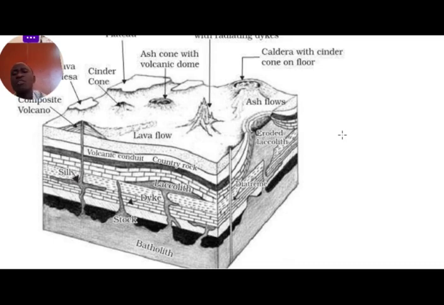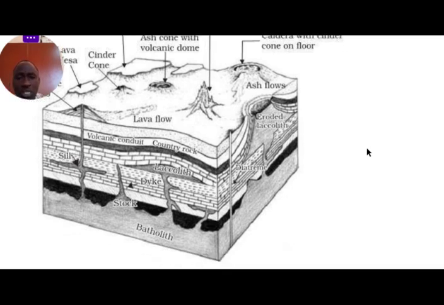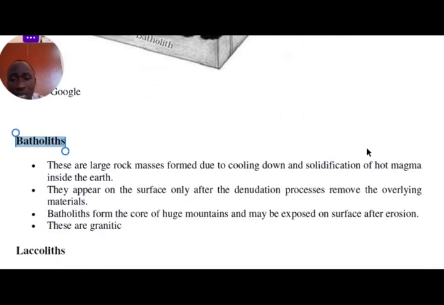So those are some of the features that may be formed within the Earth's interior. So we say that we have a dike, sill, batholith, laccolith. Those are some of the features that tend to exist within the Earth's interior. They are formed when magma cools and solidifies within the Earth's interior at great depth or at shallow depth. So those are some of the features that are formed at the end.